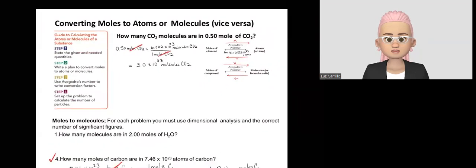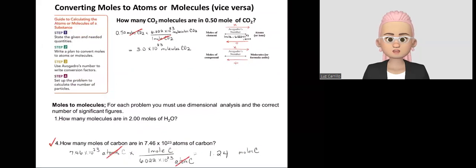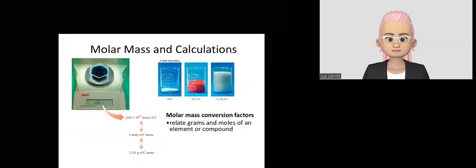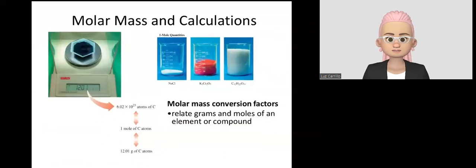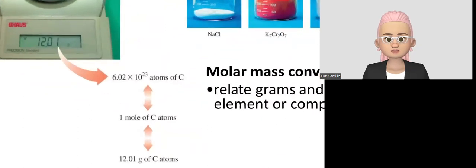Now that we know how to convert between moles, atoms, or molecules, let's observe how this also relates to molar mass. So in the examples that we were just performing a few moments ago, we were converting from moles, which could be of an atom, meaning an element, or it could be a compound. We were able to convert to atoms.